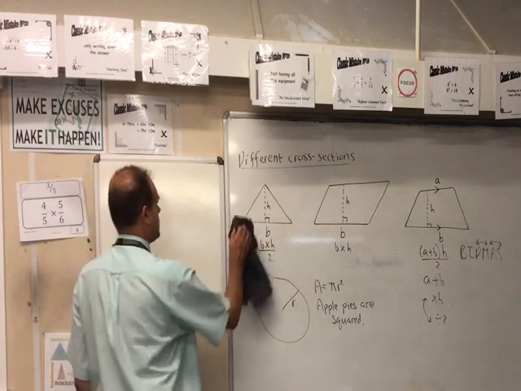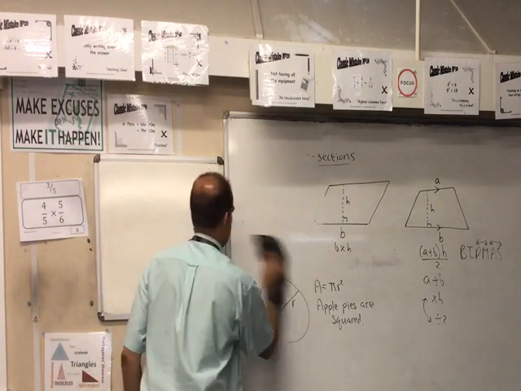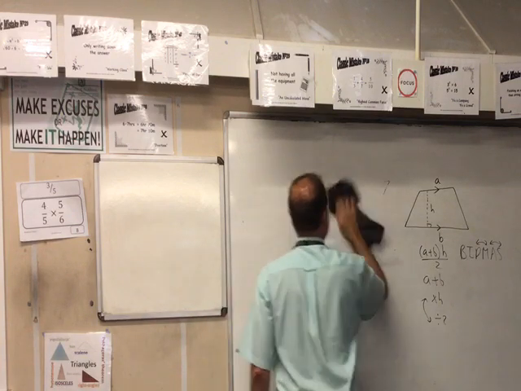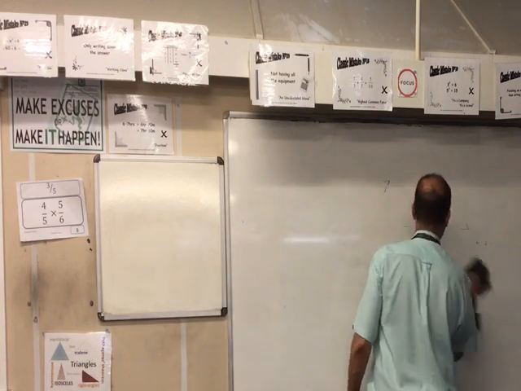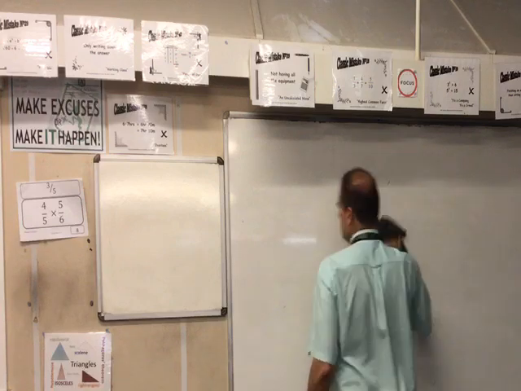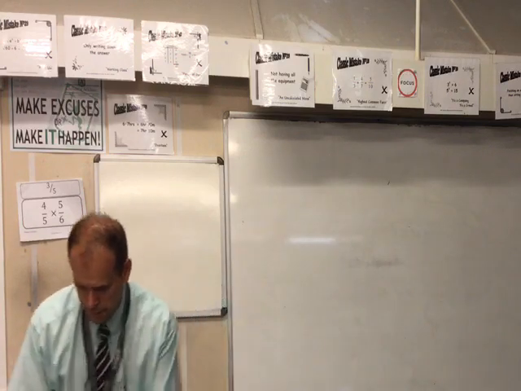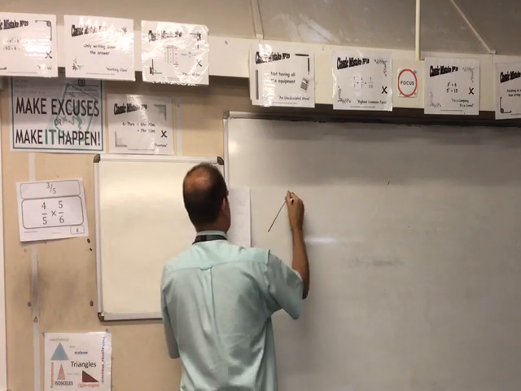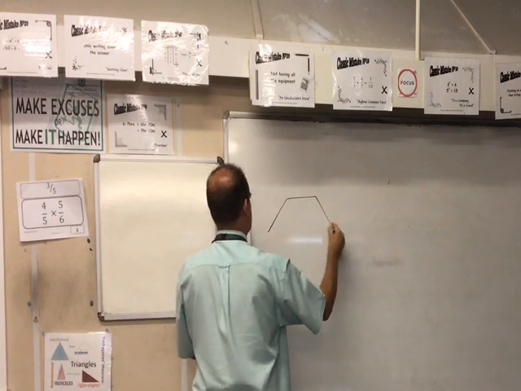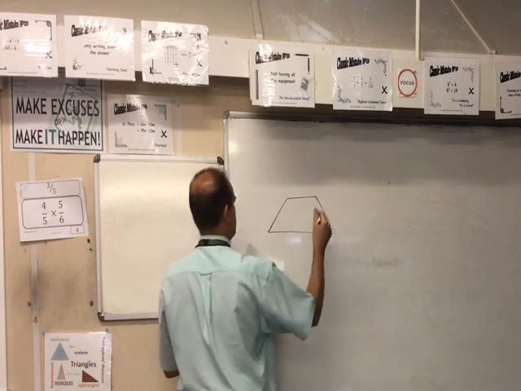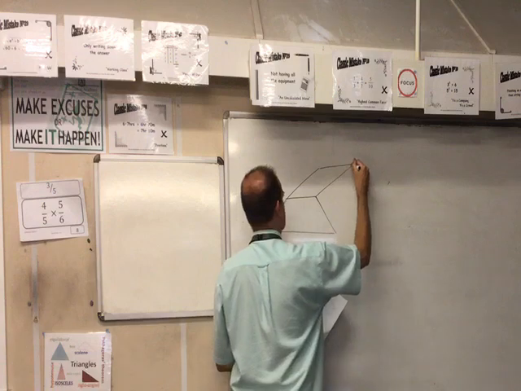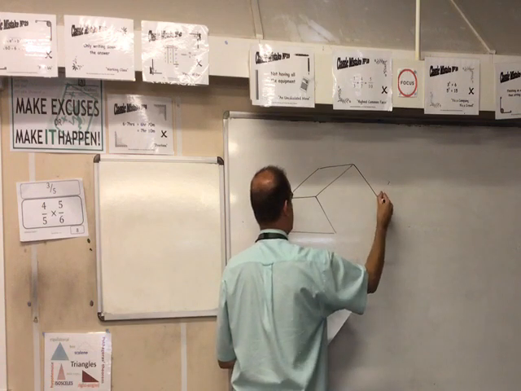Okay, a couple more examples quickly, and then I'll finish this tutorial today. Okay, another example. Let's do one with a trapezium as the cross section. So let's see if I can draw this better. There it is there. Let's go there, across there, and across there, and down here.